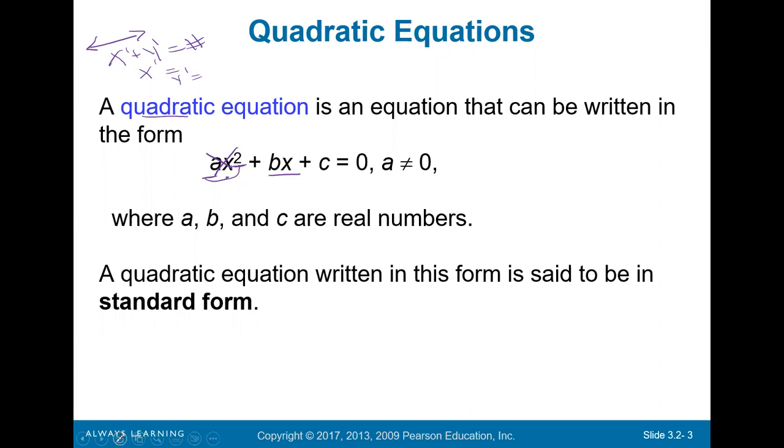So therefore, a cannot equal 0 in order for us to have a quadratic. b can equal 0. However, if a and b equal 0, then all we have is a point because the only thing we have is c. Our coefficients a and b and constant c are all real numbers, and this here is written in standard form.